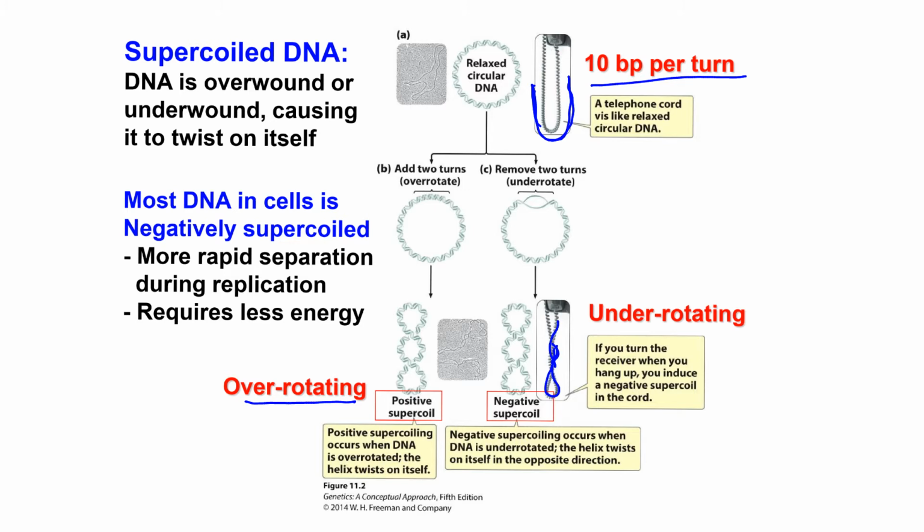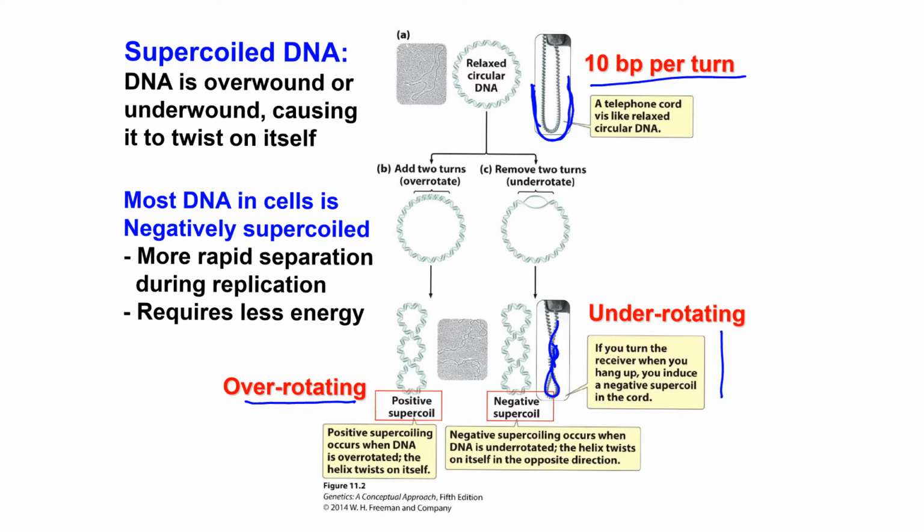So the cell would need less energy to unwind under-rotated or negatively supercoiled DNA than it would if the DNA was over-rotated. So remember, DNA has to be unfolded in order to replicate and transcribe. So that's why the predominant form in cells is under-rotated, negatively supercoiled DNA.